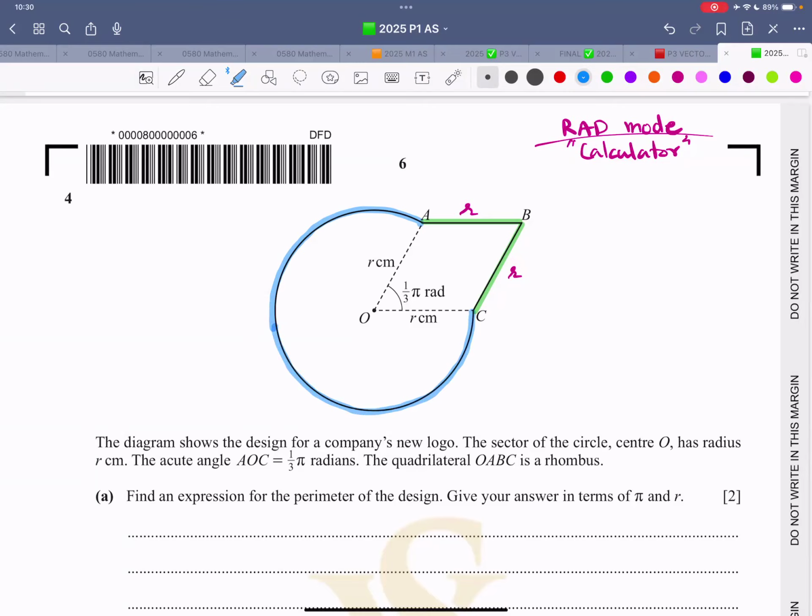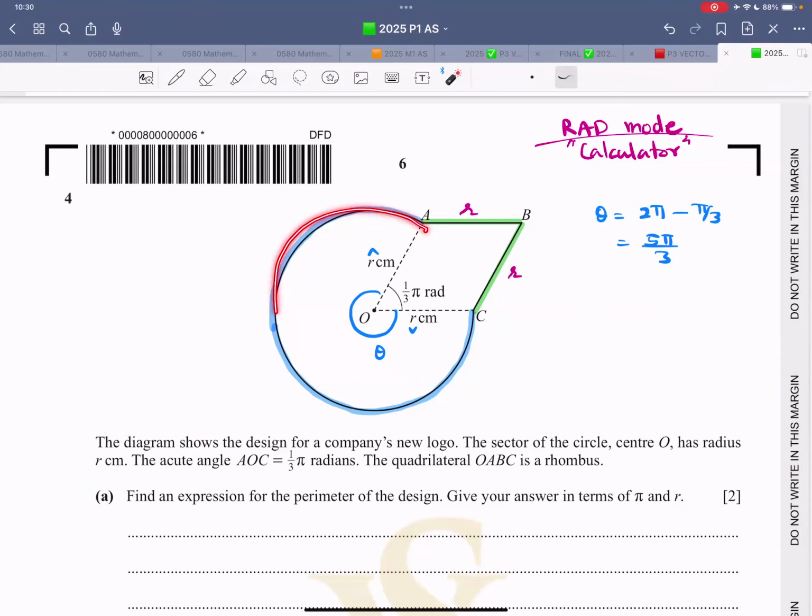Now over here, this angle is pi by 3. So this angle, let me call it theta. So theta is 2 pi minus pi by 3, that is 6 minus 1, which is 5 pi by 3. The radius is still r. So for the perimeter, you need to find this arc length plus the radius plus the radius.